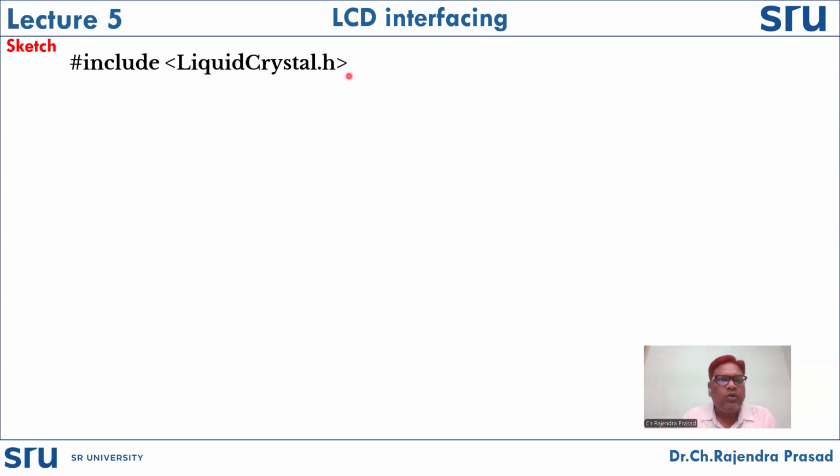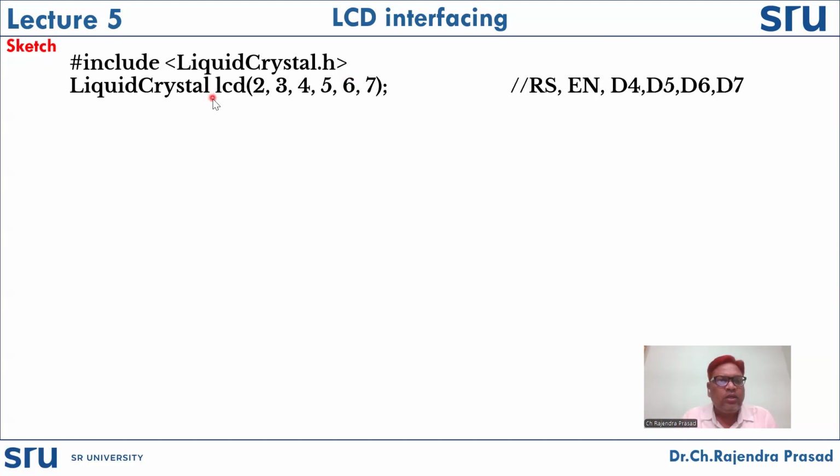Once you include any library, then we need to define a class for that library. Here that library class is LiquidCrystal, and the user defined name you can give here is lcd, or any other name. The parameters are whatever pins you used for RS, enable, D4, D5, D6, D7.